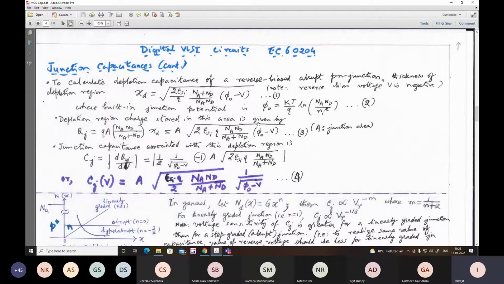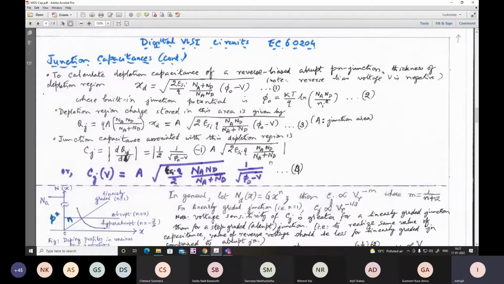Here we write with a modulus symbol. So this is the term, right? Half and root over Q0 phi 0 minus V in the denominator, and these terms. Now, as we write this here, this accounts for the step graded junction. But here, let us digress a bit.